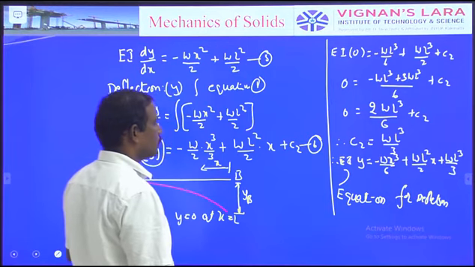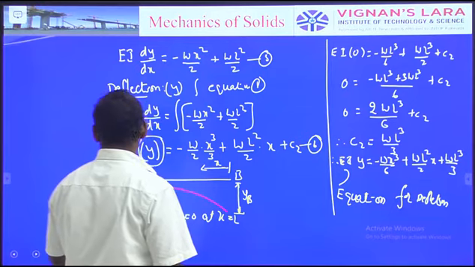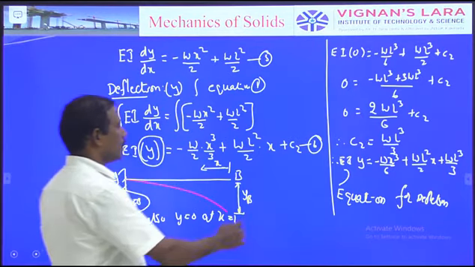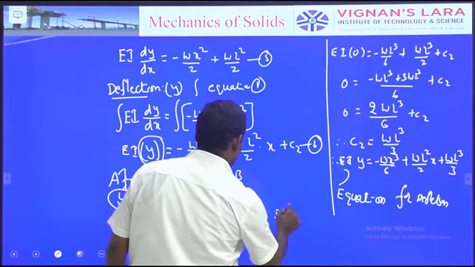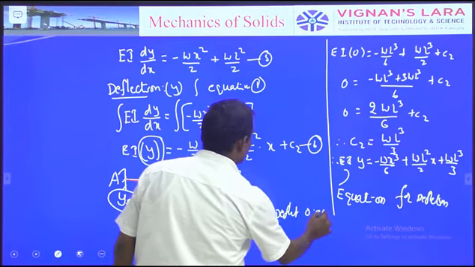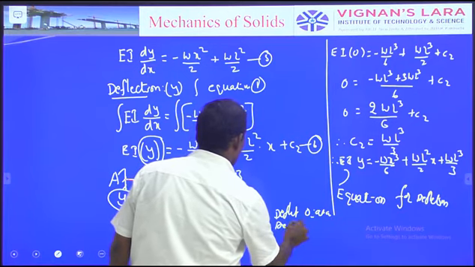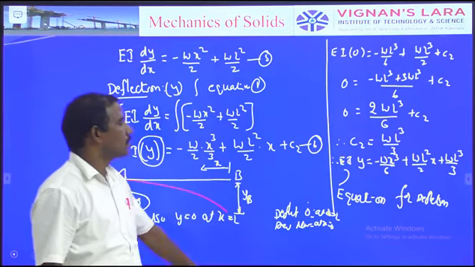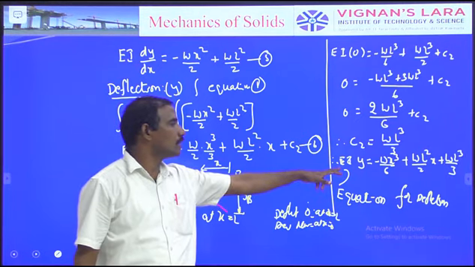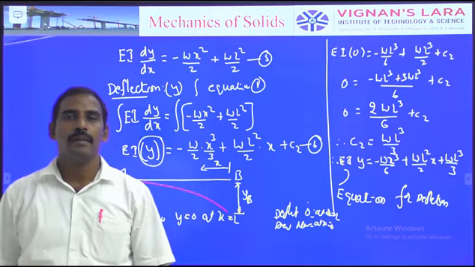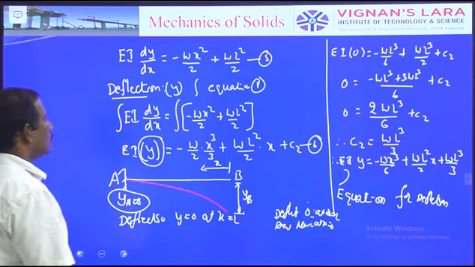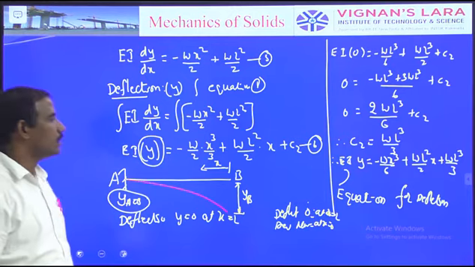Therefore, substitute x = 0 and x = L. So finally, by substituting, the deflection is maximum at x = 0 and the deflection is 0 at x = L. By substituting x = 0 in this equation and x = L in this equation, we find the deflection at A and B. So this is the procedure to formulate the slope and deflection equations.